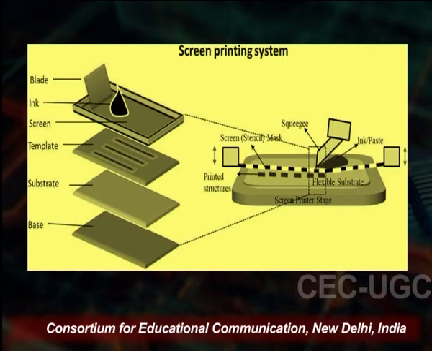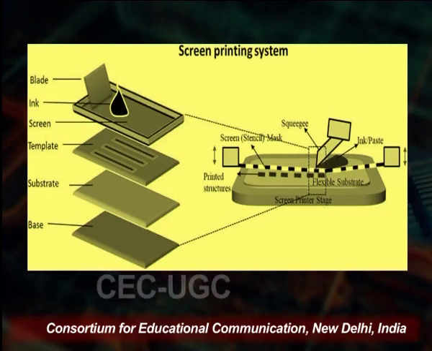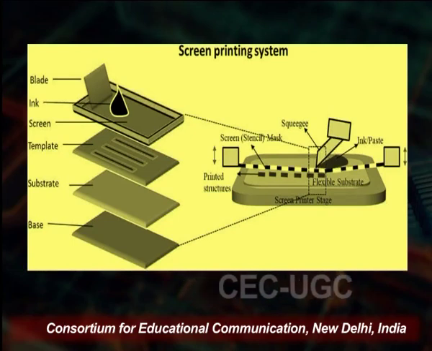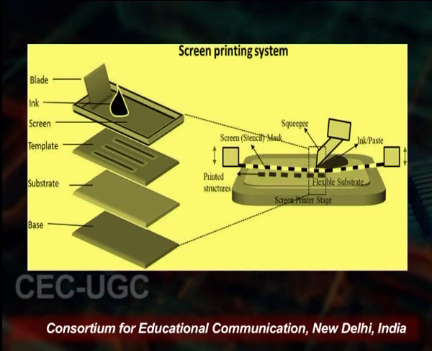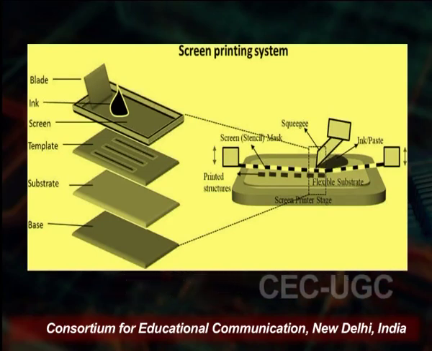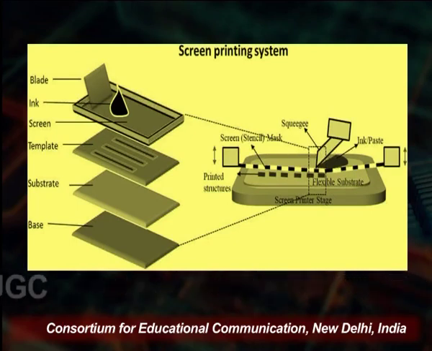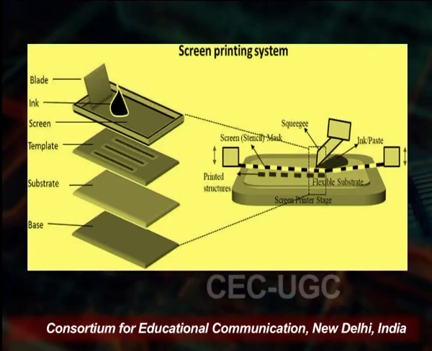Over that mask we put the screen, and on this screen we put the ink, then we blend and spread this ink on the screen, and this will imprint on the substrate. In this manner we can get the device structure or the material structure on the substrate.